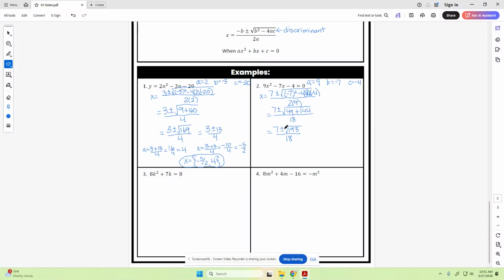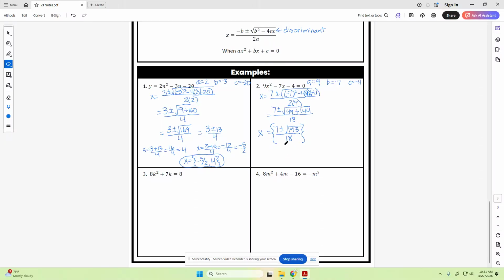And so you can choose on your assignments if you want to leave your answer just like this and you want to put it in the curly brackets. That's how a lot of mathematicians are going to write this. They're going to write it just 7 plus or minus this over 18. It's the shortest way.